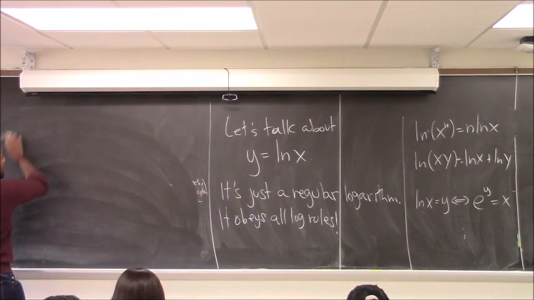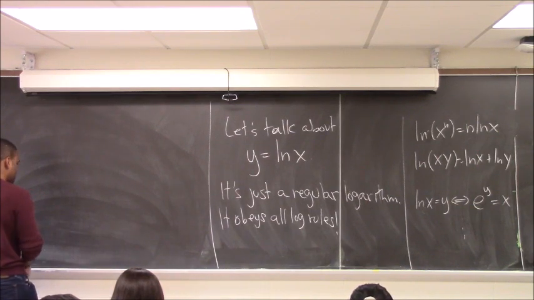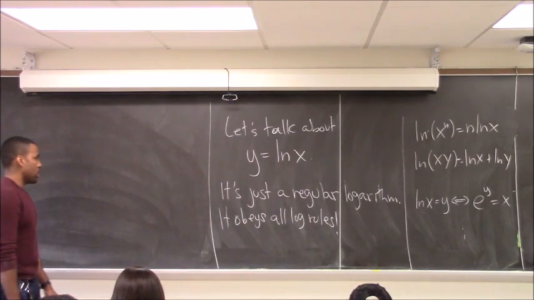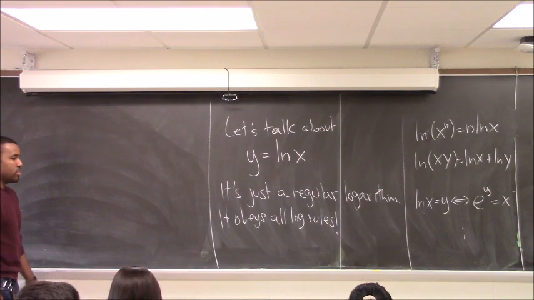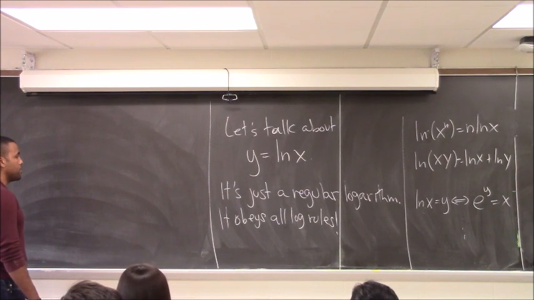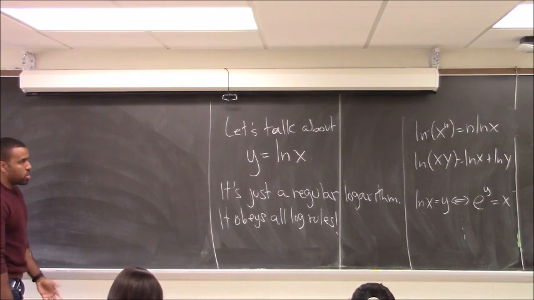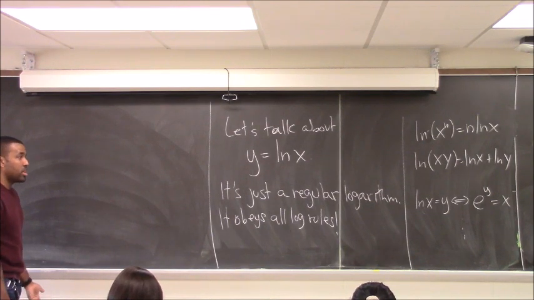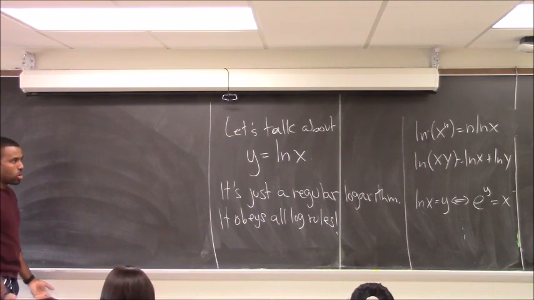And for that reason, chances are you're going to be getting formulas in calculus and higher, where if it involves a logarithm and they give you a formula that describes it, they derived it using base e, but they're probably not going to tell you that they did that. They'll just tell you, oh, this is the rule. But everything they bring back to base e to figure things out. So if you're in a calculus situation and you're in log to the base 5, what you would do, change of base formula, change it to ln, figure out what the answer is, and then change it back to base 5 if you want to.